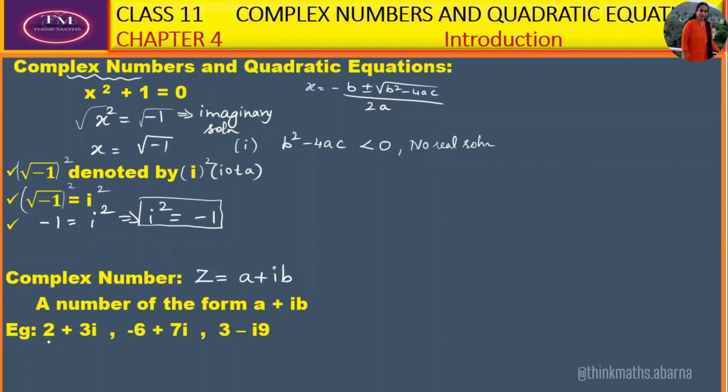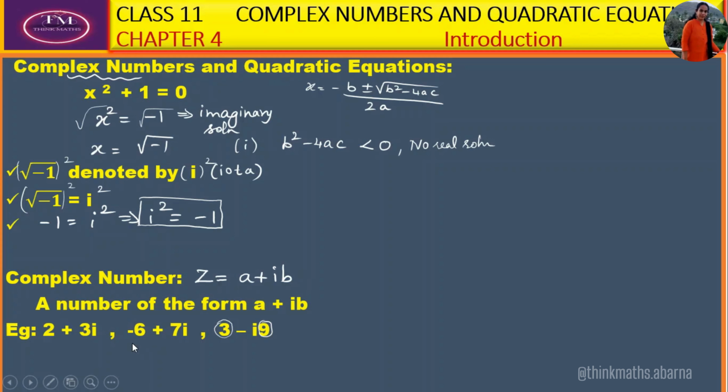For example, you have 2 plus 3i, minus 6 plus 7i, 3 minus 9i. The i can be written at the back or front, but this is a and this is b. Here a is called the real part of z and b, here 9, is called the imaginary part of z.